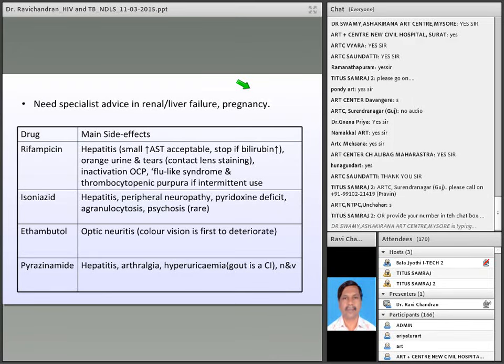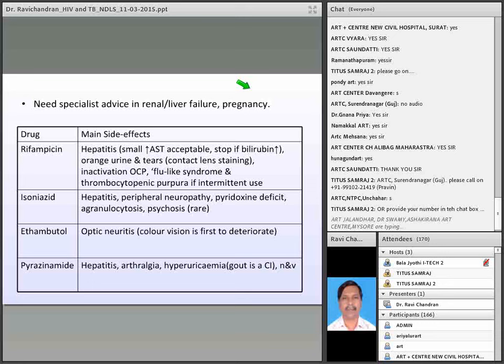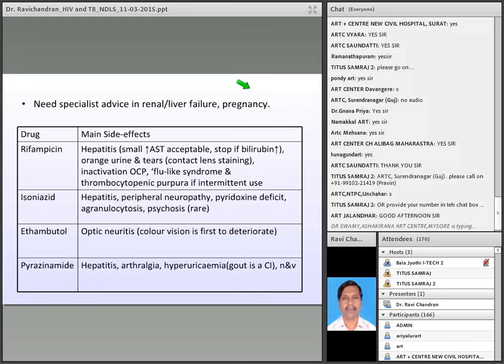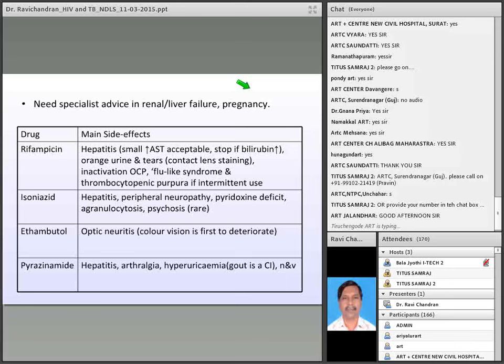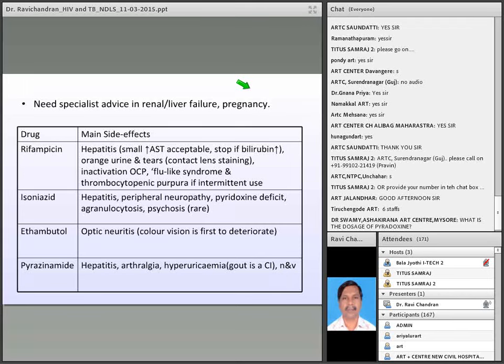Orange urine and tears and contact lens staining, inactivation of oral contraceptive pills, flu-like syndrome, thrombocytopenic purpura or other side effects of rifamycin. Hepatitis, peripheral neuropathy, pyridoxine deficit, agranulocytosis, and rarely psychosis are the main side effects of isoniazid.